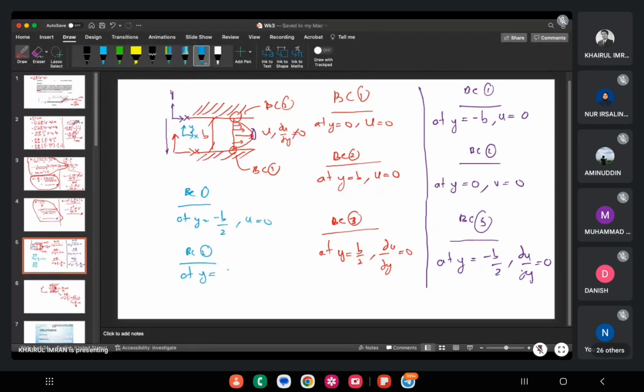Y sama dengan B over 2, jadi positif, betul tak? Now at Y equals to B over 2, U sama dengan kosong. So how about BC3 pula? Siapa boleh bagi kat saya? At Y equals to berapa? Y equals to 0.